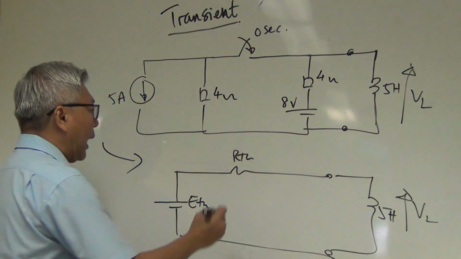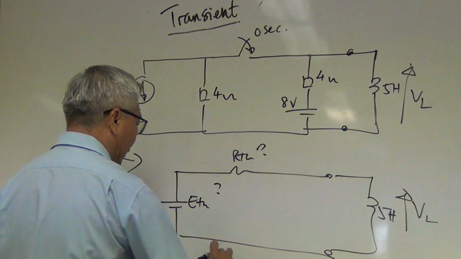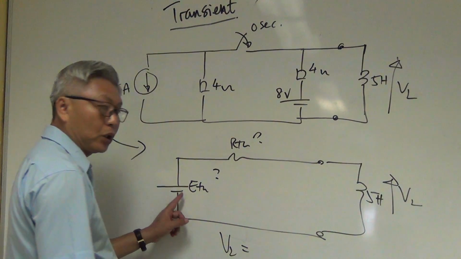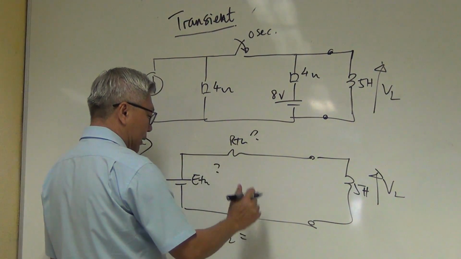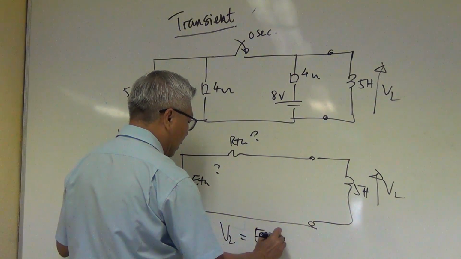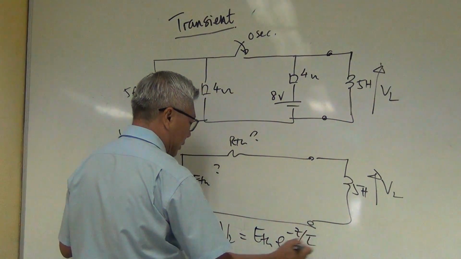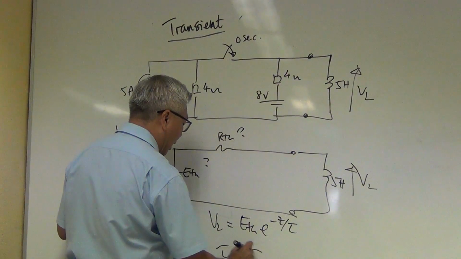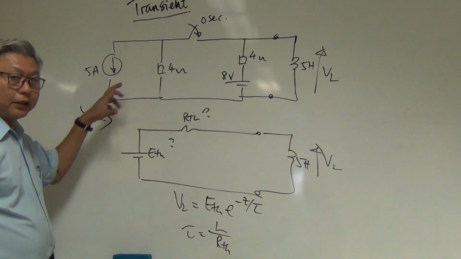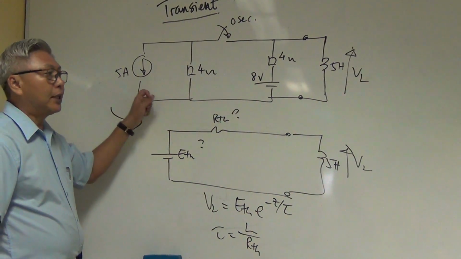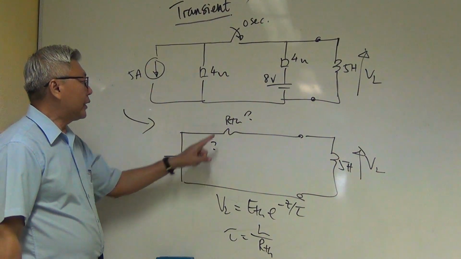If I'm able to find these two values, then VL is a decreasing exponential. I'll say it's equal to ETH, e to the minus t over time constant, and my time constant is equal to L over RTH.